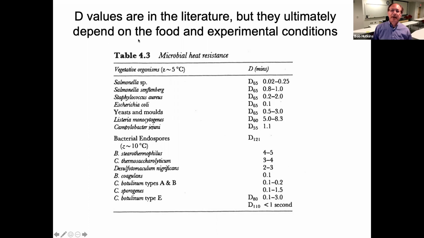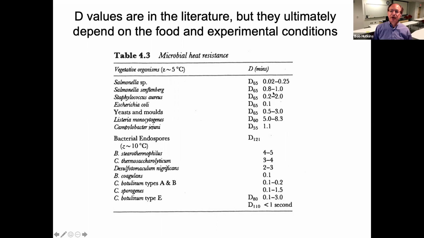They ultimately depend on the food and the conditions. It says Salmonella D value at 65, and even gives a 10-fold range. So why such a big range? Well, in this table, they collected this from other experiments in the literature. So it depends. If the pH is low, then the D value will be short. If there are no antimicrobials in there, the D value could be large.